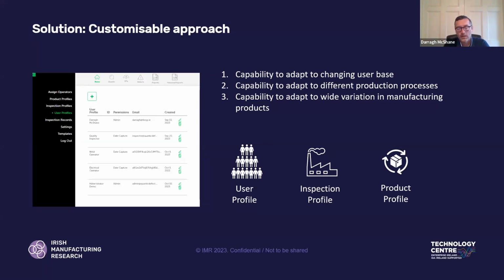And then the product profile allows you to capture any information relevant to the product itself. So any of the images that are called up on the operator profile are stored within this product profile. So that is how we approach that.